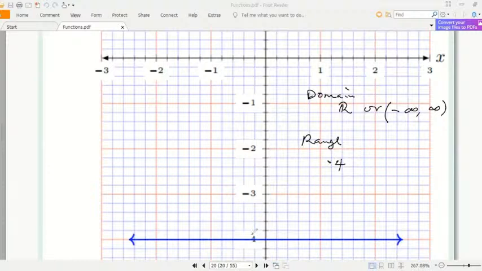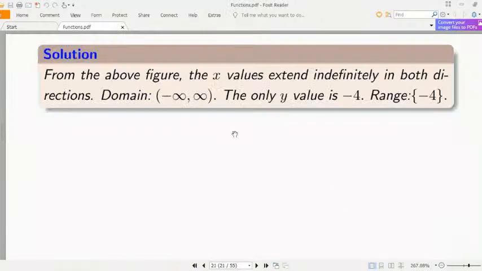I can see negative 4 here as the only y value, and therefore the range will be the set comprising negative 4. That will be the range. So let's look at the explanation. That's what I've explained here.